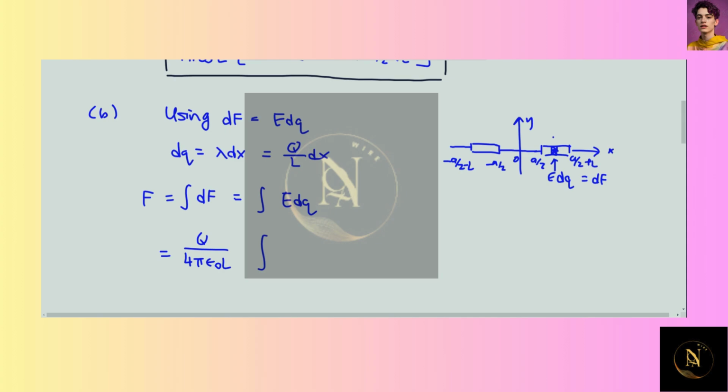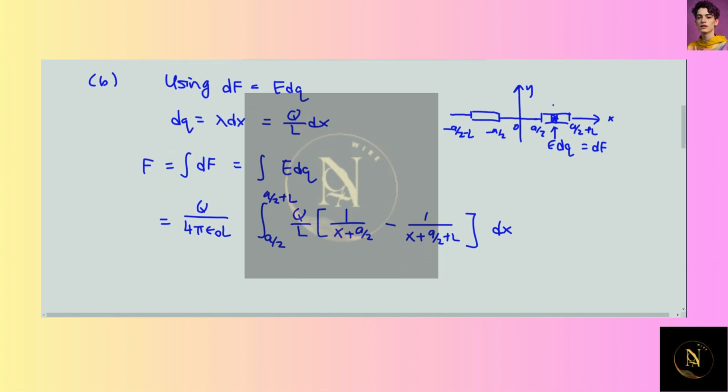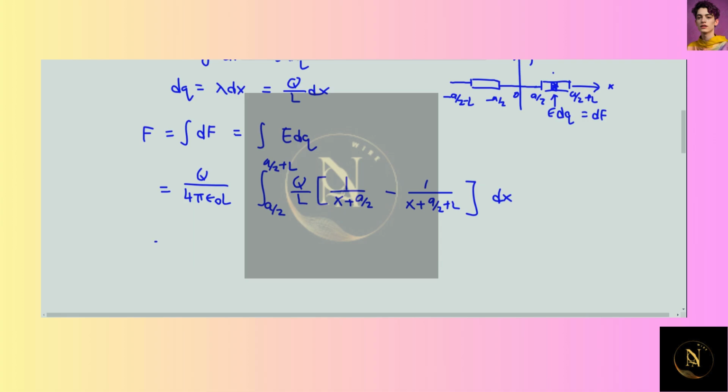So dq has Q over L. And then the E inside the square bracket is 1 over x plus a over 2 minus 1 over x plus a over 2 plus L, dx, from a over 2 to a over 2 plus L. Okay, so we pull out another constant, and then for each term you get natural log.